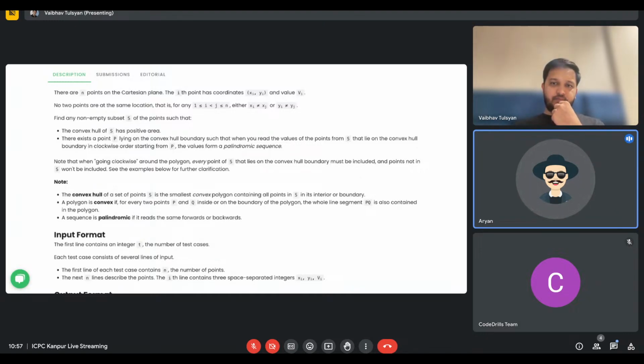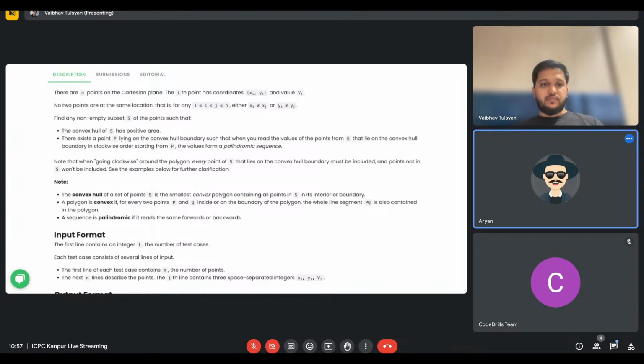So there are n points on a Cartesian plane. The i-th point has coordinate xi, yi, and a value vi. No two points are at the same location, and we are also given that none of the points share the same x coordinate or y coordinate, all the x coordinates and y coordinates are distinct.